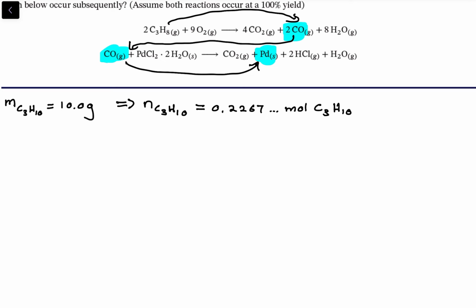So that's how much propane we have. The question is, how much CO can we get from that? The number of moles of CO that can come from that much propane is that 2 mole of CO is formed for every 2 mole of propane that reacts.